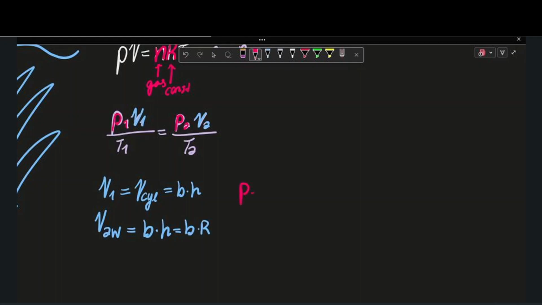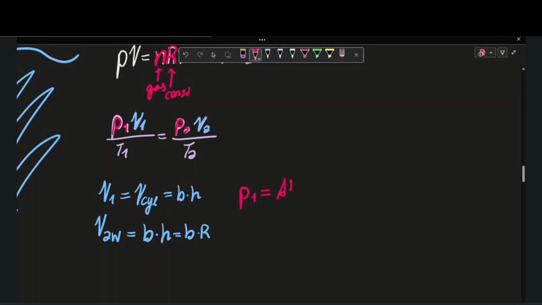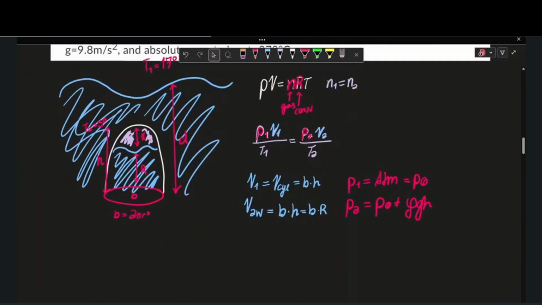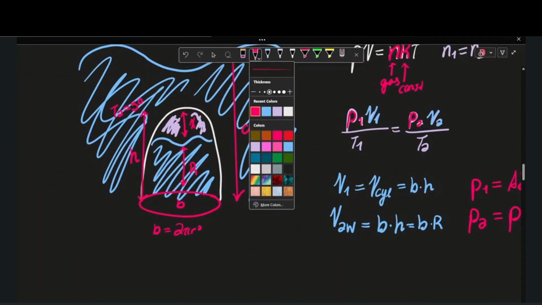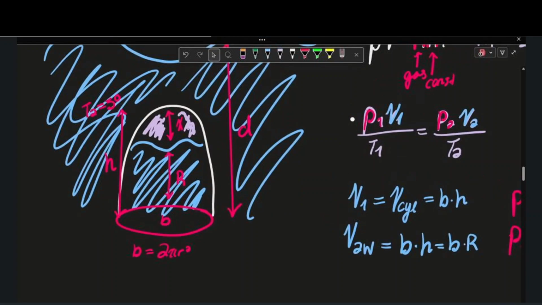Right, and now for the pressures. Pressure 1 initially is just 1 atmosphere, which is equal to just P naught, and pressure 2 is the same atmospheric pressure plus the pressure we get from the water at the depth we're at. Now, something important we need to know is that this water pressure is not faced by the entire bell, it's only faced by this part right here. Right? Because here we have air, and here we have water.